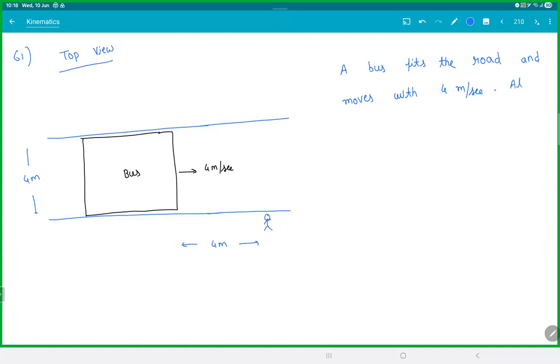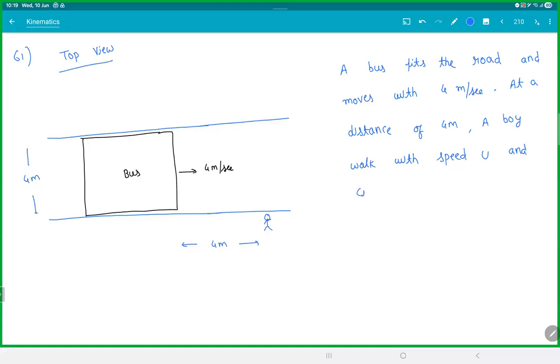At a distance of 4 meters, a boy walks with speed u and crosses the road safely.